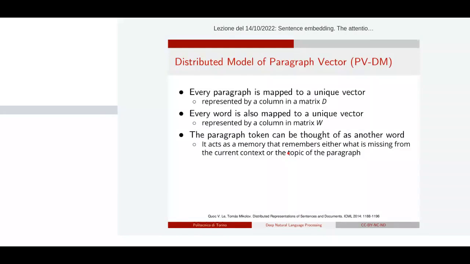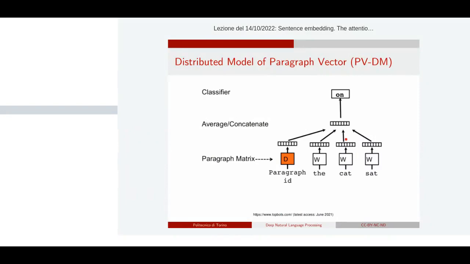It is missing because the paragraph is typically longer than the context size. So something outside the context window can be relevant as well to characterize the embedding generated by the model. And of course, indirectly, it influences the prediction here, because this representation is generated by self-learning on a particular task, which is predicting the next word.